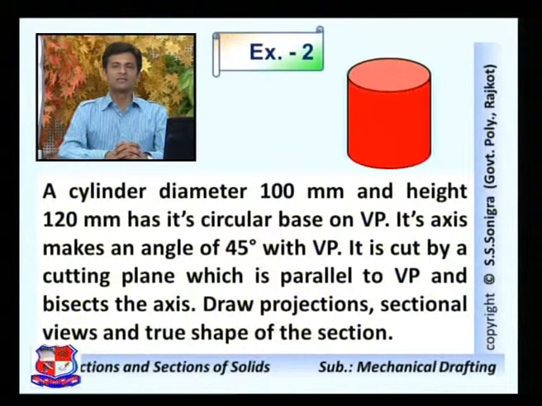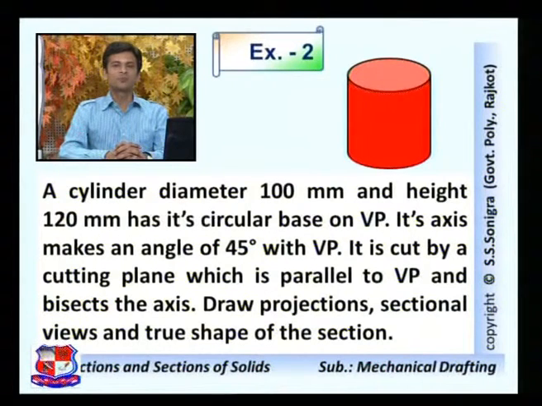Its circular base is on the vertical plane, and the axis makes an angle of 45 degrees with VP, which was given with respect to HP in the previous problem. So here some different steps should be taken, and this solid is cut by a cutting plane which is parallel to the vertical plane, not HP.